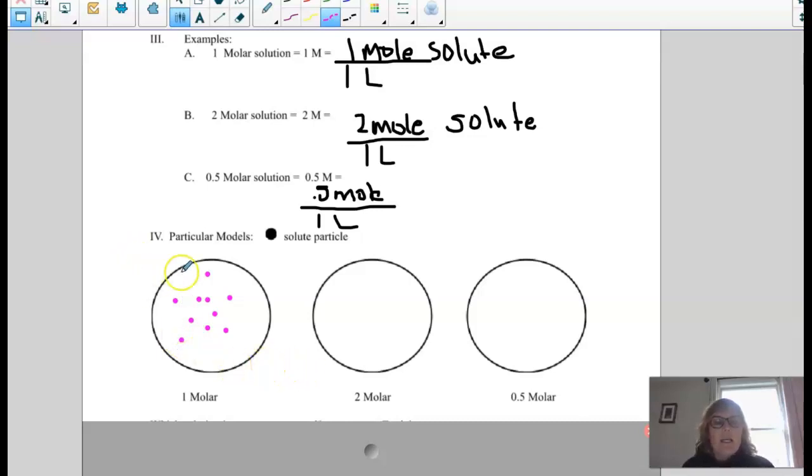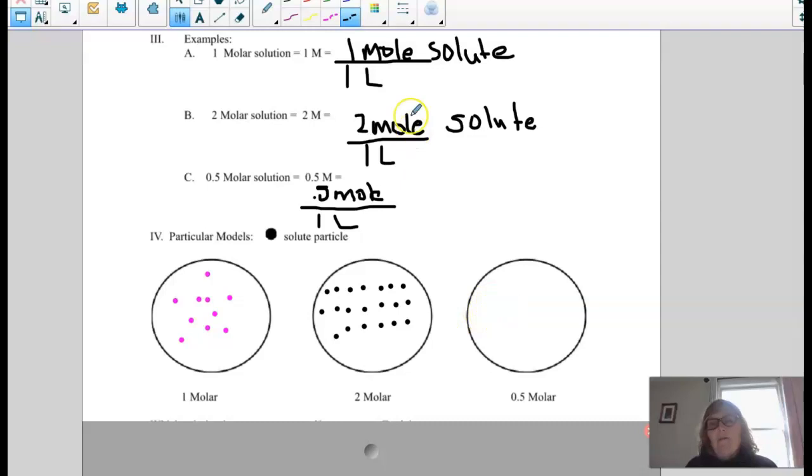So there's 10 particles. But if I wanted to make a 2 molar solution, I would end up putting 20 in. So that's twice as much in the same volume.